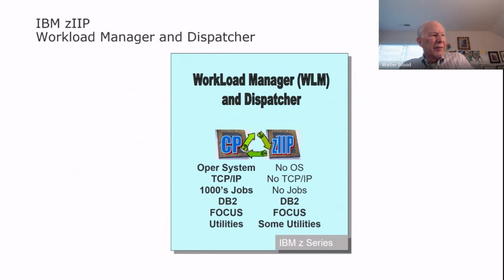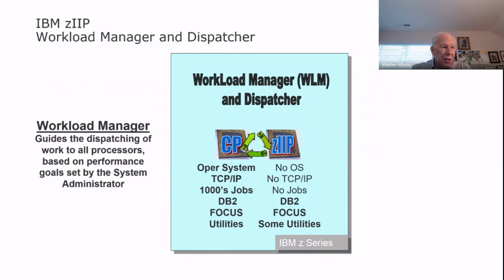Notice that there's a number of things that are sitting here underneath the CP, some things that the CP can do: operating system, TCP/IP, all of the jobs that basically run in the job queue, DB2, Focus, utilities, and there's a lot more. Notice that there are some things on the zIIP side that are not allowed to run on the zIIP, all right? And that is any operating system stuff.